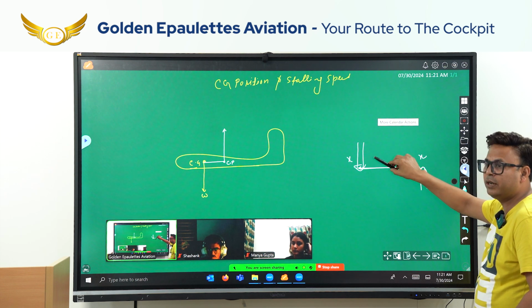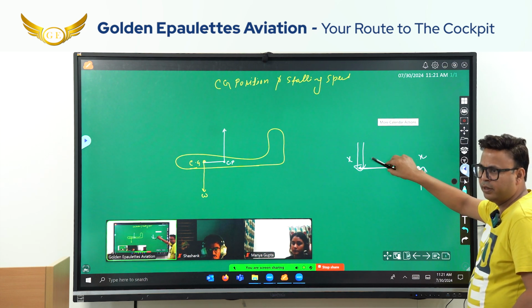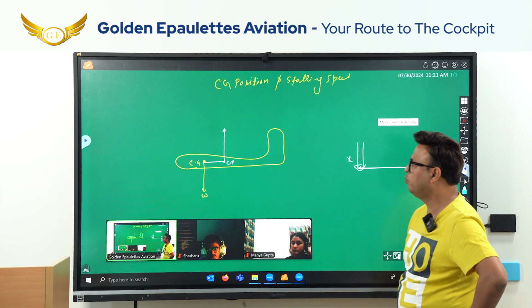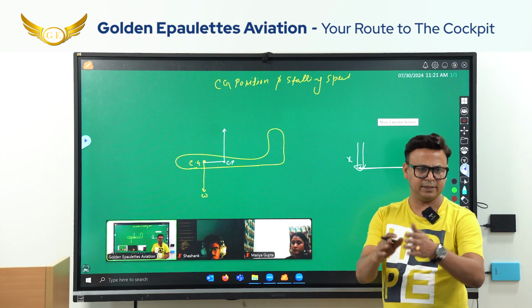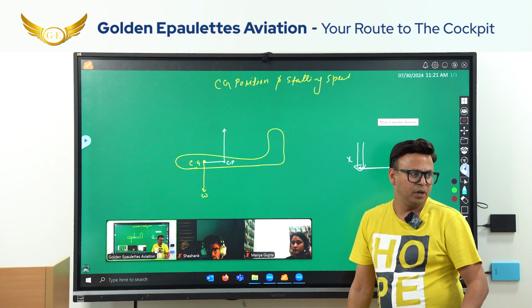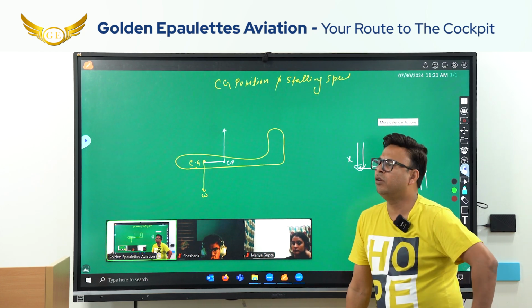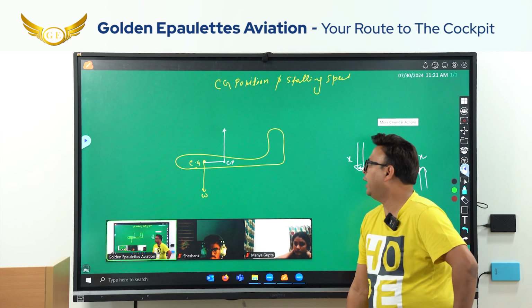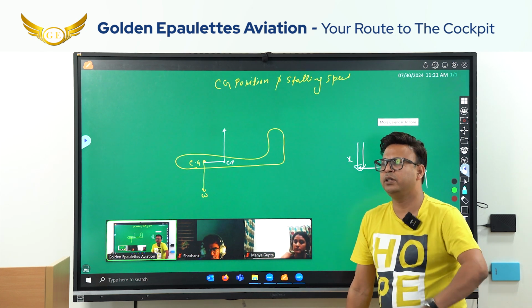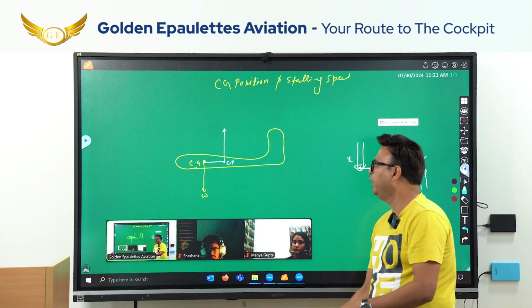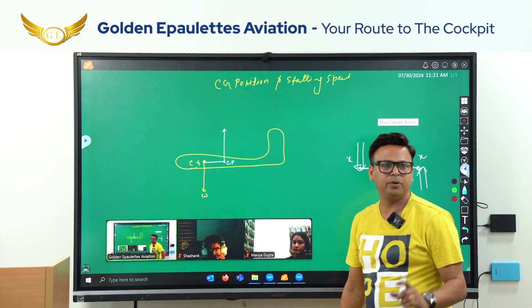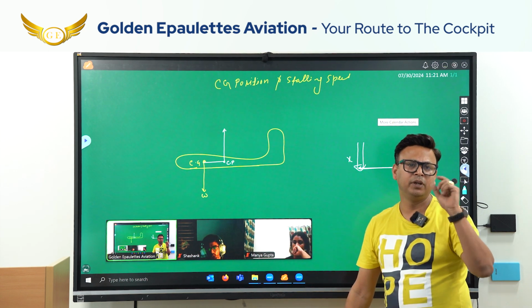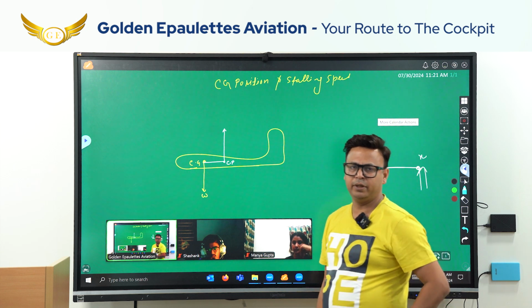So this is called a turning moment, right? Any two forces acting at different points of application cause a turning moment, and the magnitude of that moment is the force applied multiplied by the arm length.